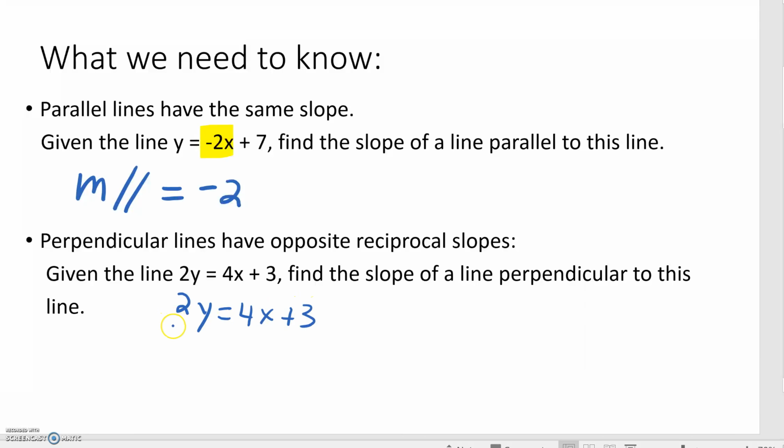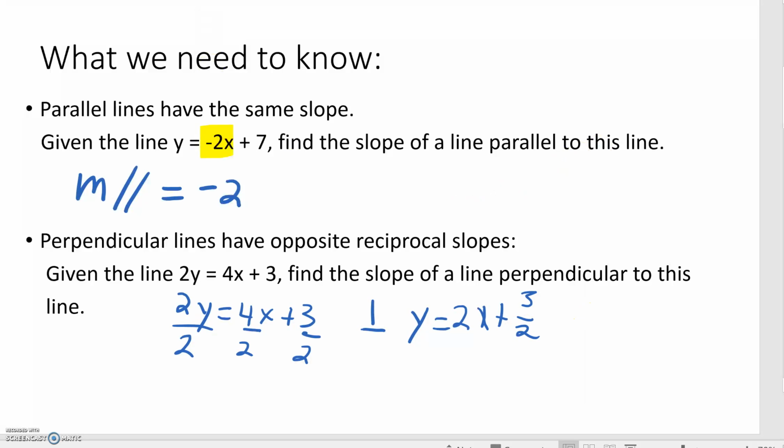To get y by itself, we would have to divide by 2. If I divide each term by 2, we see that our line is y is equal to 2x plus 3/2.